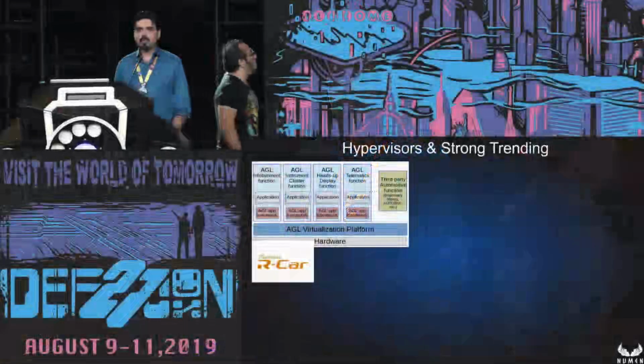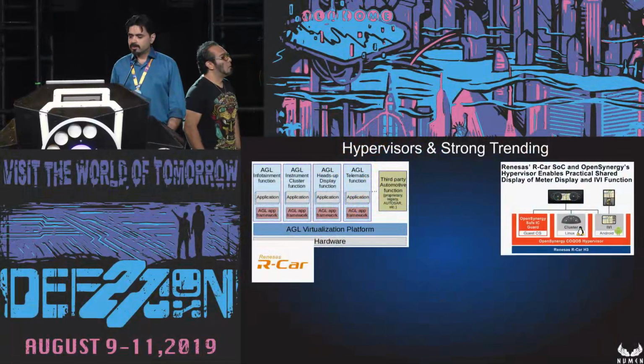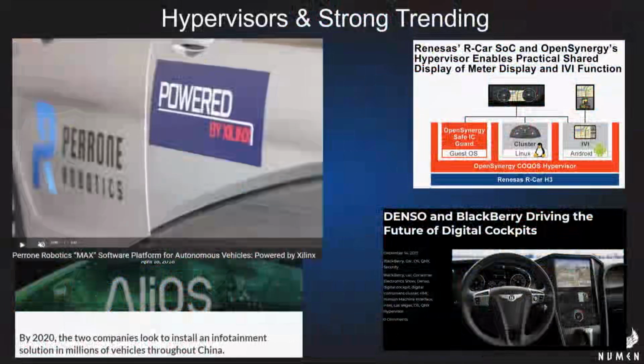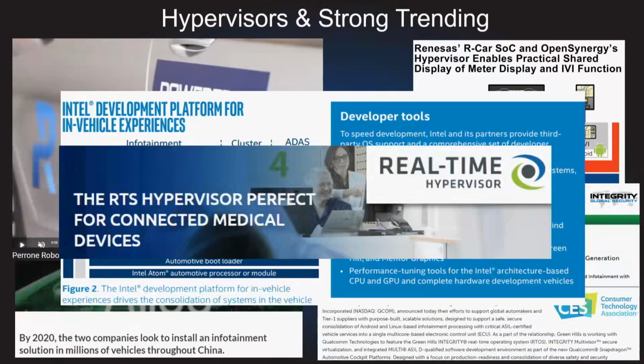So why is hypervisor so important and relevant? As you can see, all of the major players, Automotive Grade Linux, Renesas, Denso, Alibaba, NXP, Perome Robotics, there are many, Green Hills, Intel, they all now have the hypervisor in their architecture.